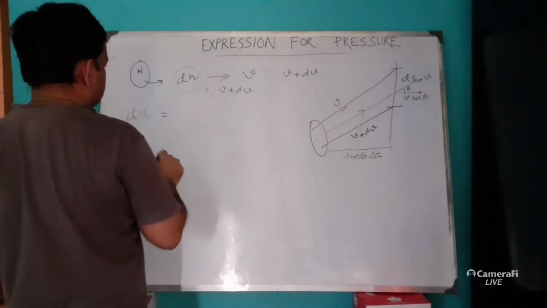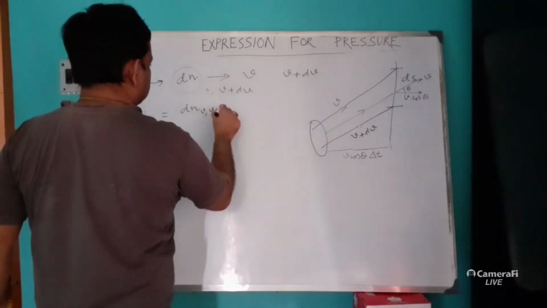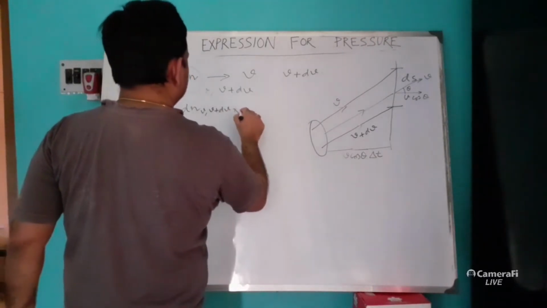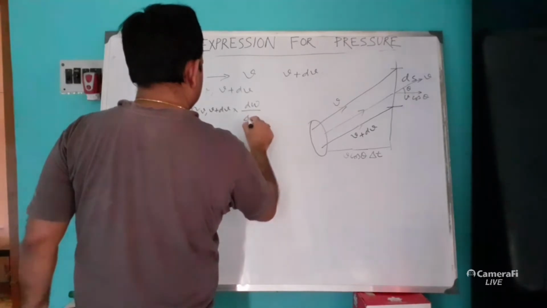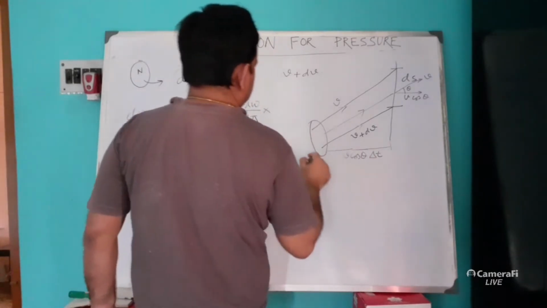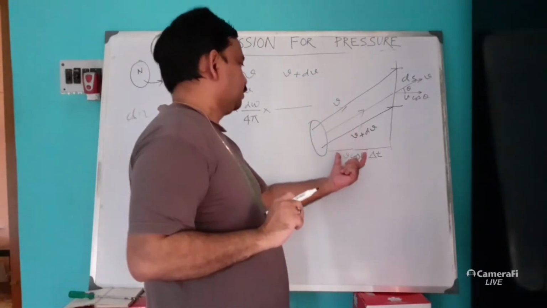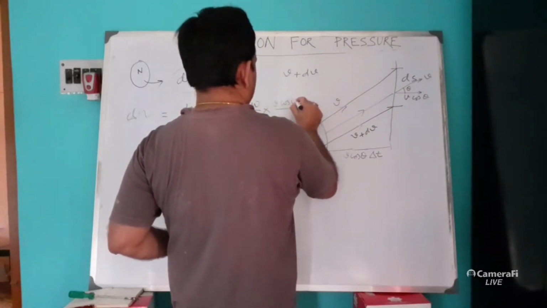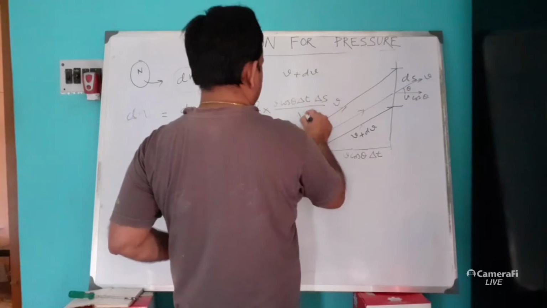So dN is equal to dN(v, v plus dv) into d omega by 4 pi, into the fraction of molecules which are there within this particular cylinder under consideration, v cos theta delta t delta s by V.